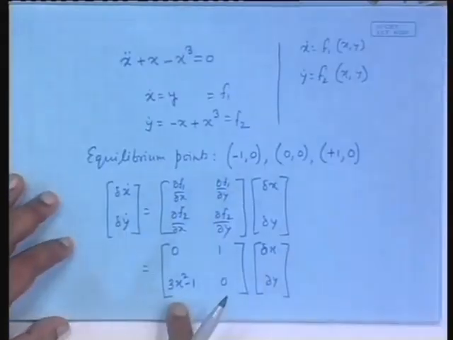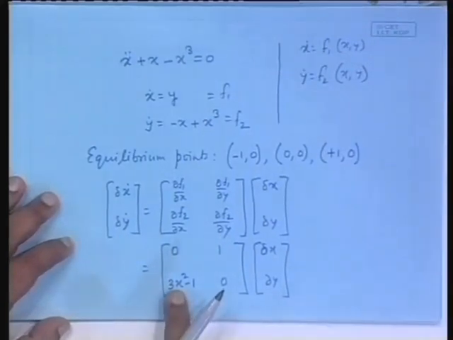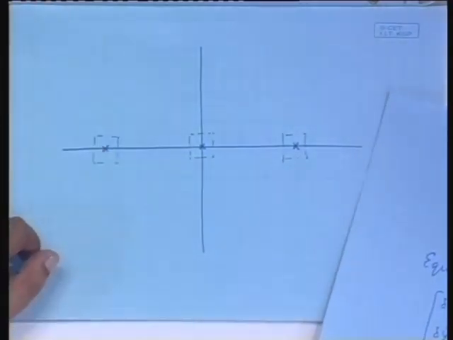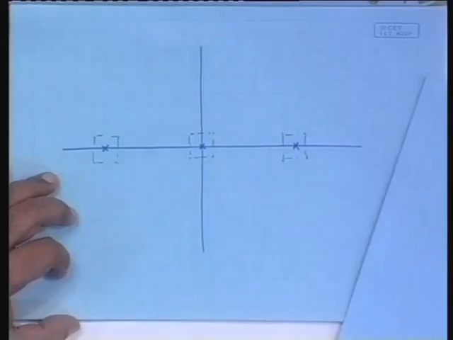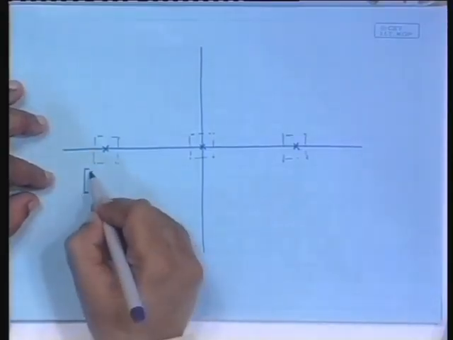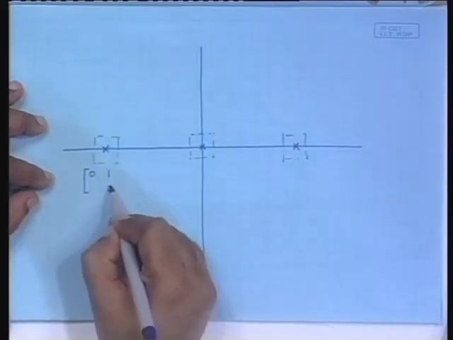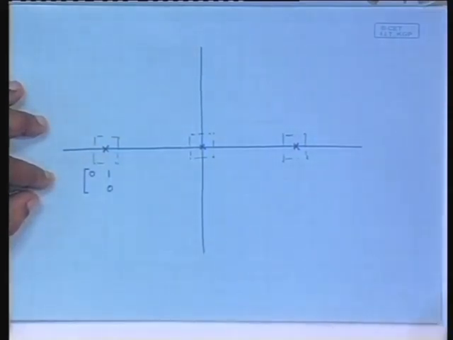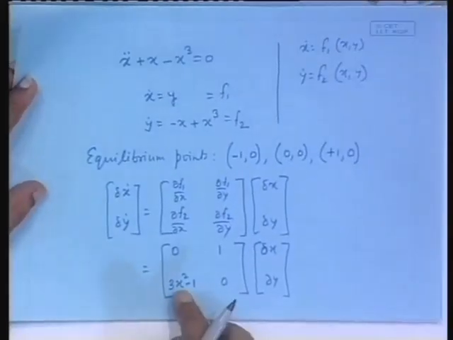So, at these three locations, we will need to substitute -1, 0 and 1 in place of the x values to obtain three different Jacobian matrices at these three locations. For this particular location you have 0, 1, 0 and 2.